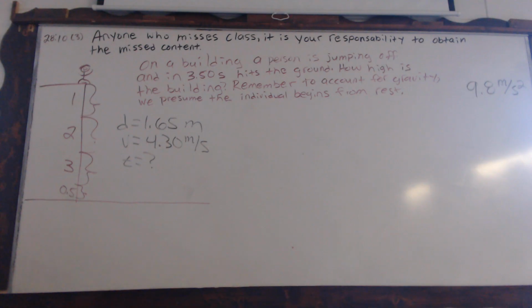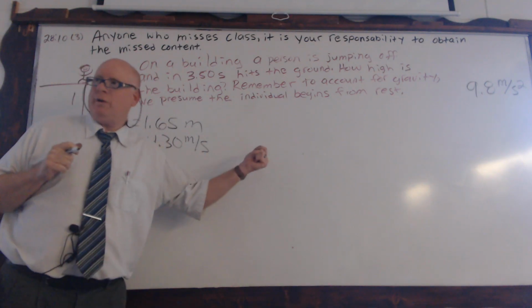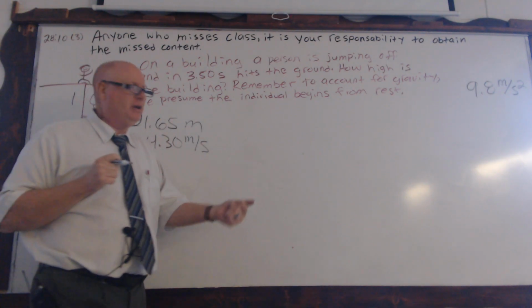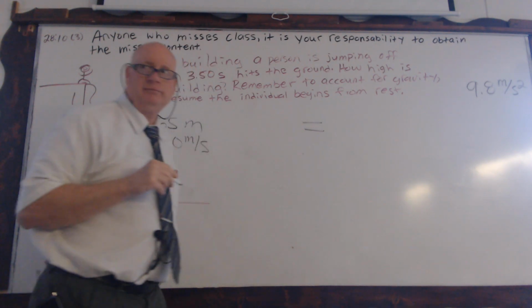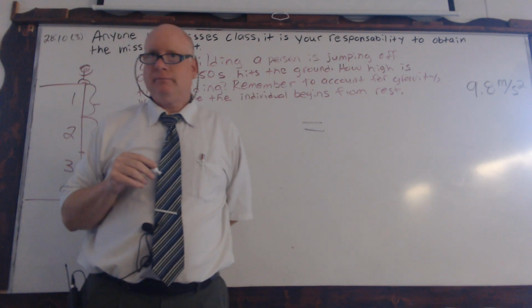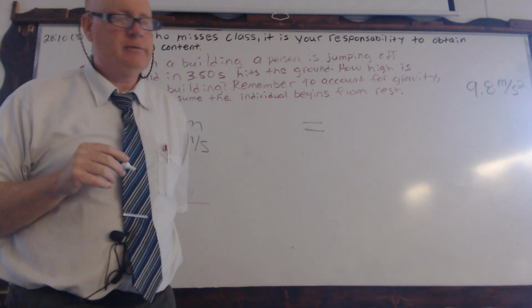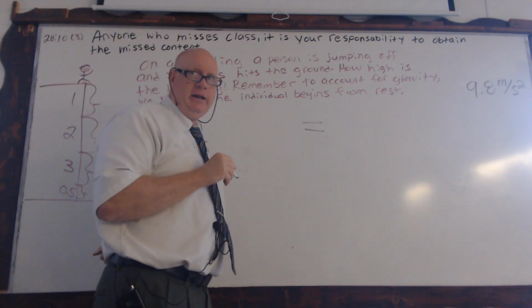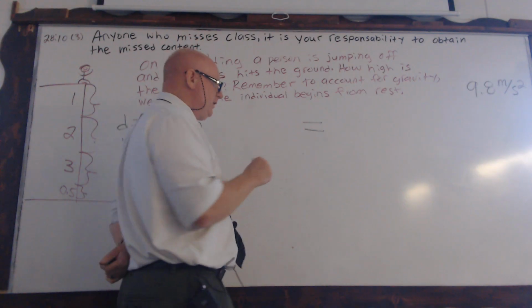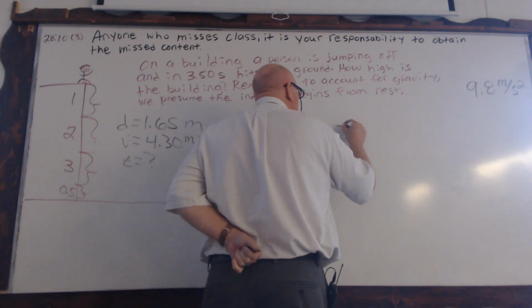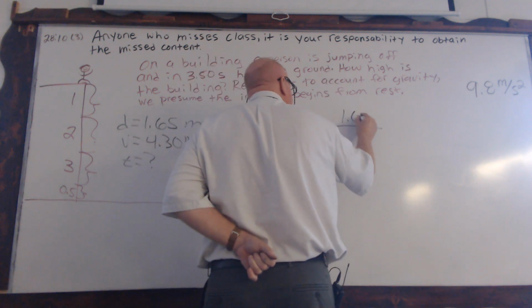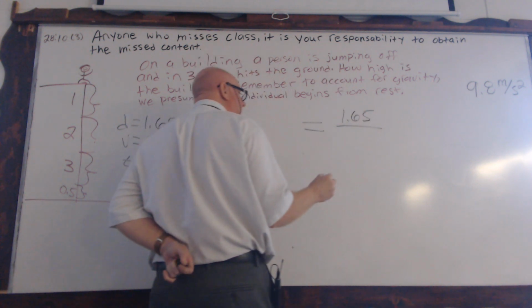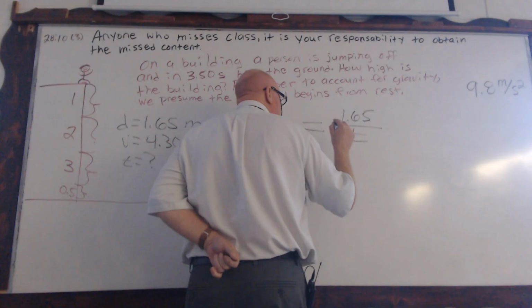All right. So, how do we solve for this time? Let's look at what formula we are going to use. What formula do we use? V over T? Yeah. Distance over time. Do we know the distance? Yeah, 1.65. Okay, do we know the time? No. Do we know the velocity?